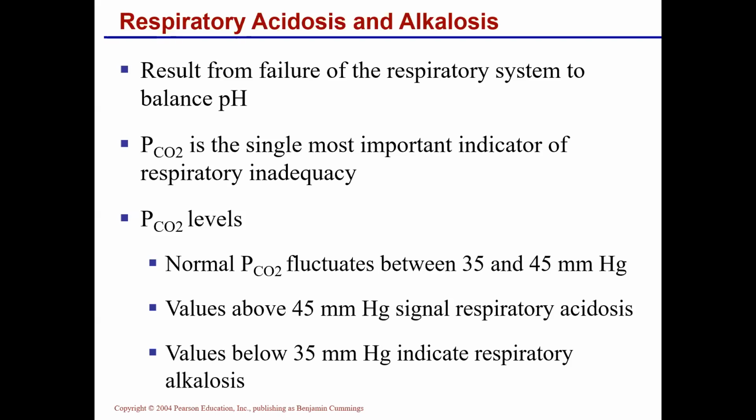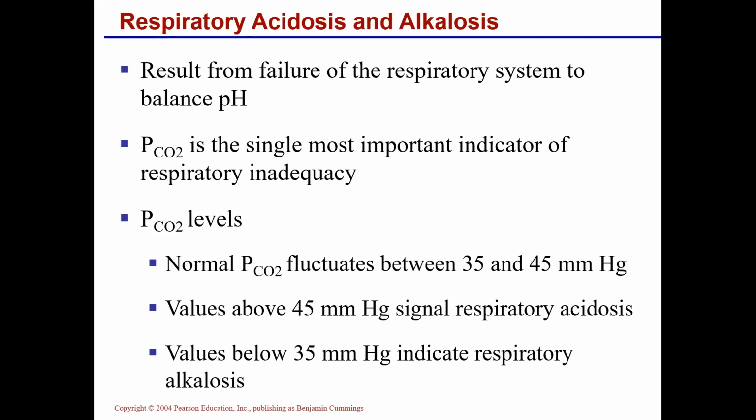Respiratory acidosis means the acidosis, this low blood pH, is caused by the respiratory system. A good example would be COPD, chronic obstructive pulmonary disease. These patients cannot have normal gas exchange, so more and more CO2 accumulates in the blood.